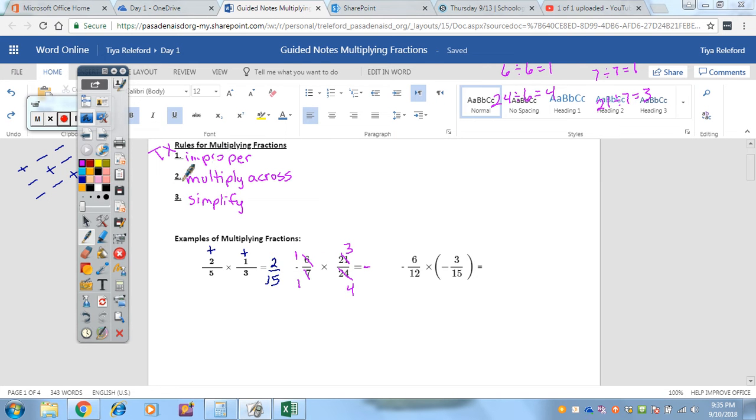Now I'm going to do step 2. 1 times 3 and 1 times 4. Not too shabby. Isn't that a cool trick? If you didn't do the trick, you had to multiply 6 times 21, which gave you 126.